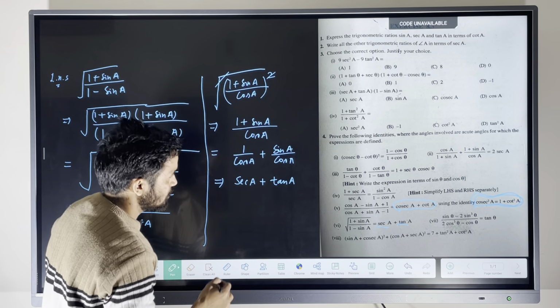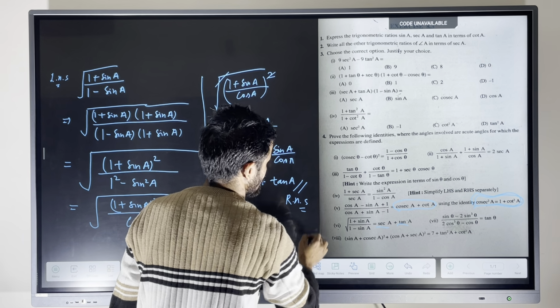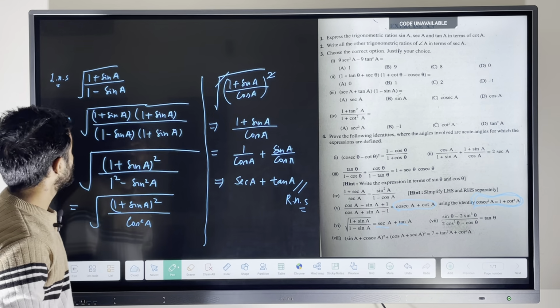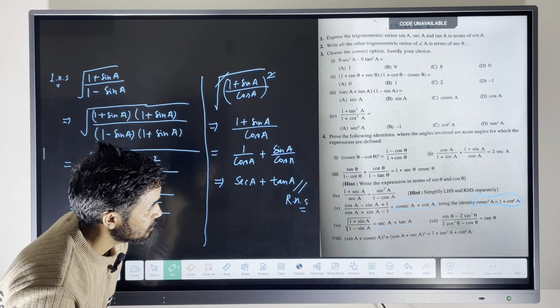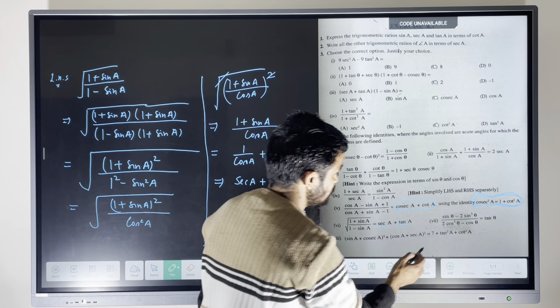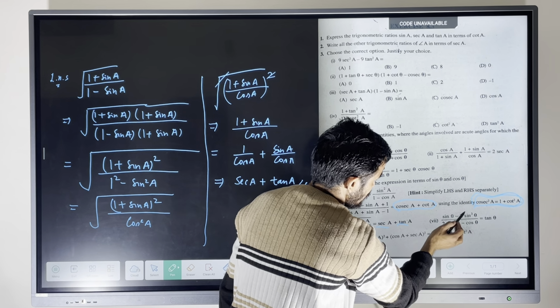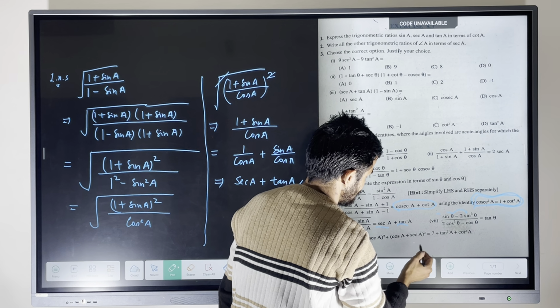I think that is our right hand side. Okay, so we have solved the sixth part of question number 4. Similarly, we have this question. So what you will do here, from here you will take sin theta as common.